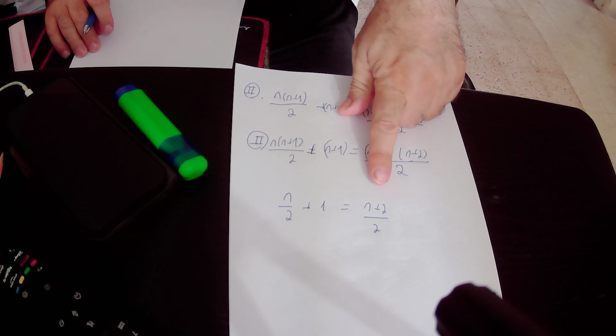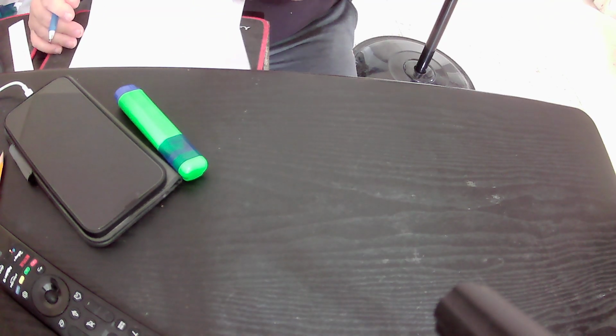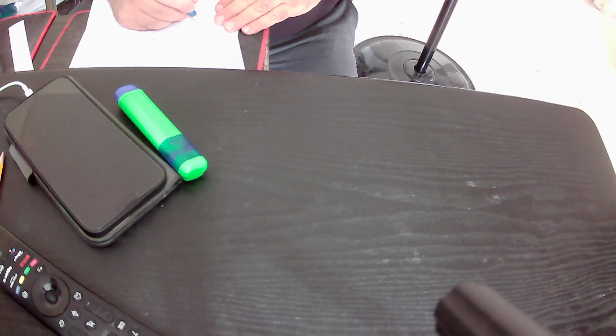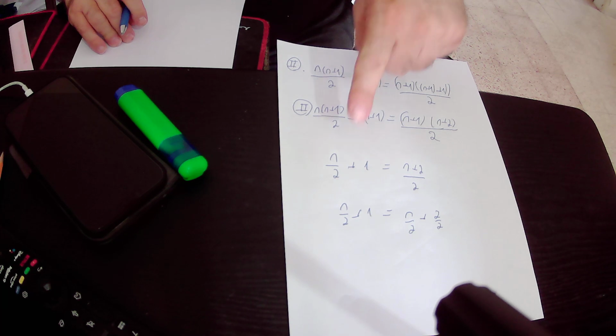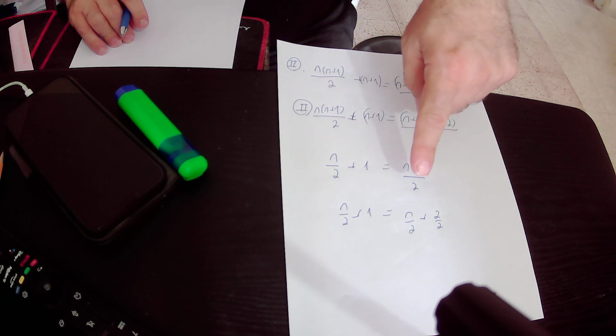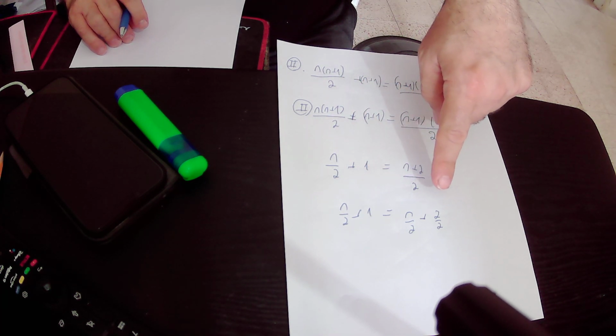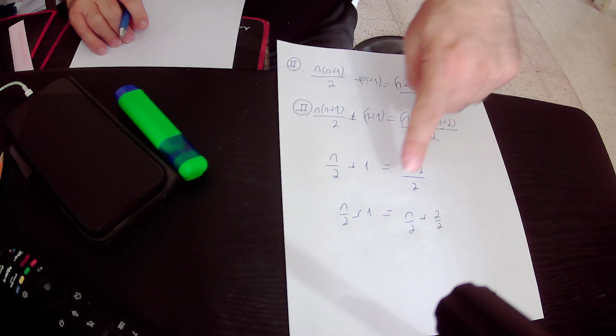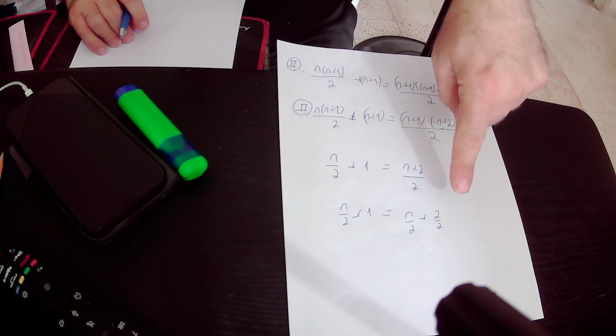Now we can separate n plus 2 to two parts, and we will get that n divided by 2 plus 1 equals to n divided by 2 plus 2 divided by 2, because we separated n plus 2 to two parts.